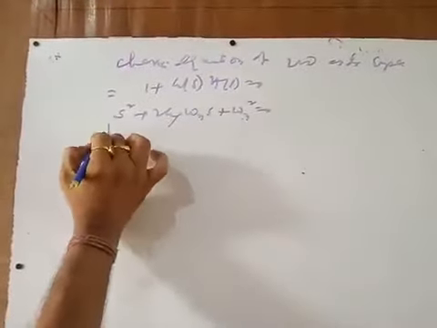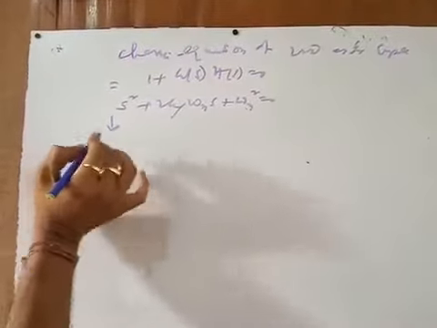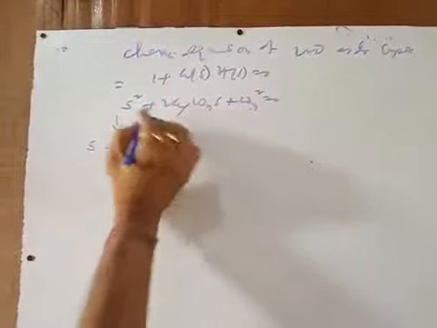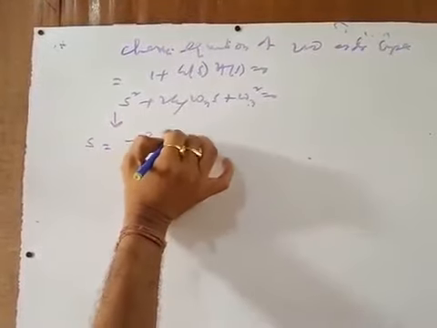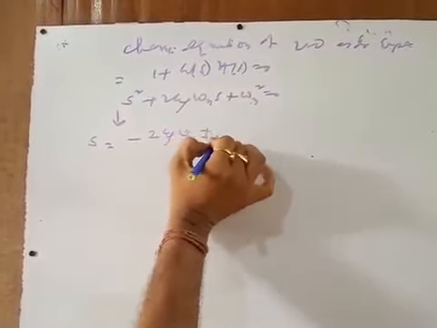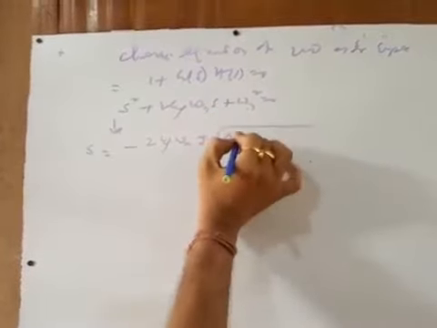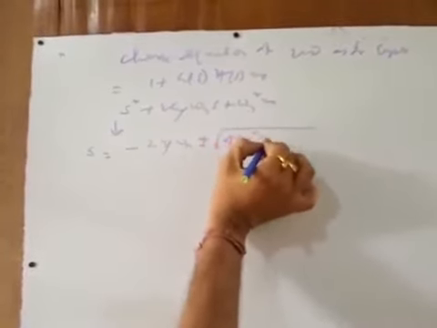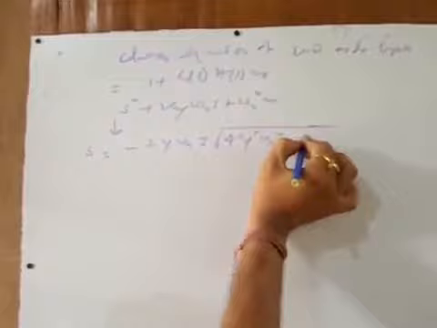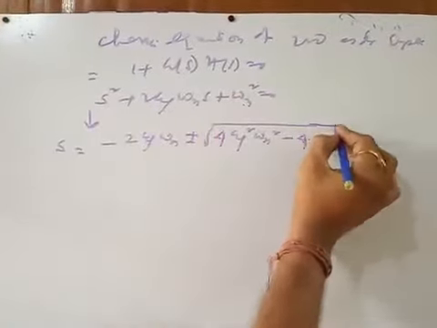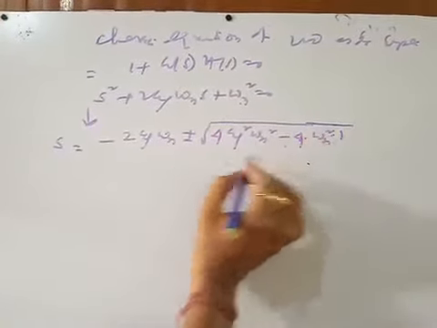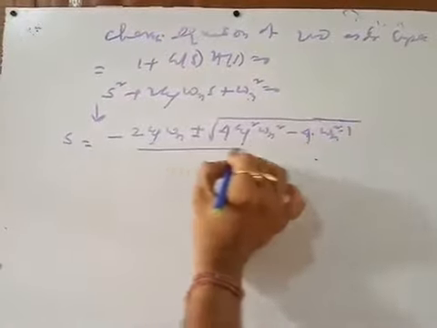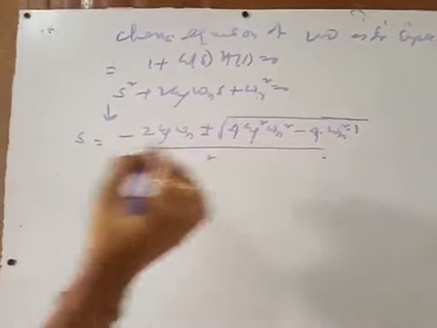So if you solve this, you get s equal to minus b plus minus root over b square minus 4ac by 2a.